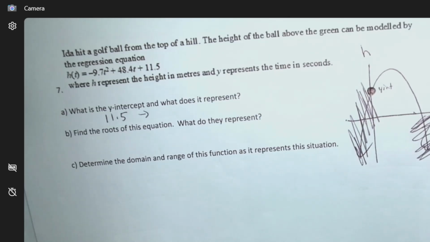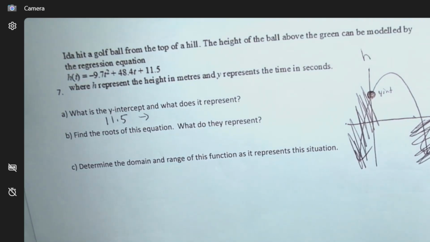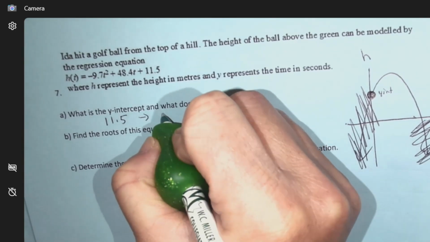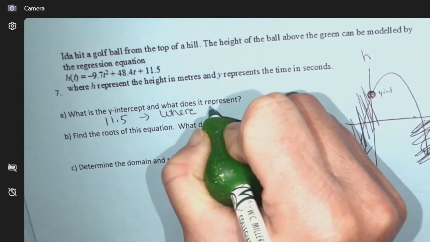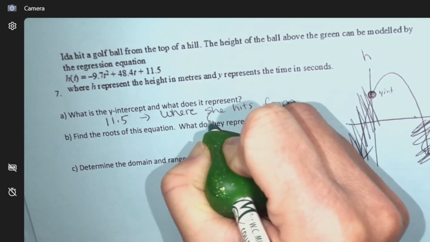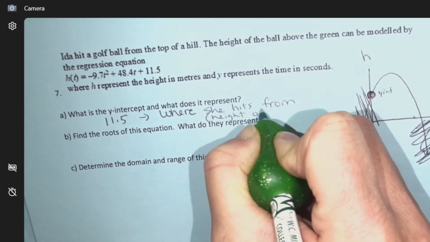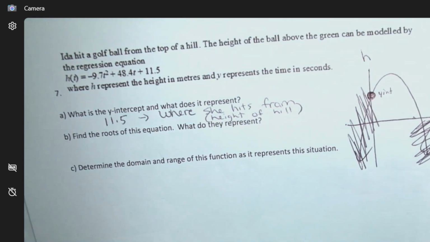So what is this meaning in my golfing? She's hitting a ball off of a hilltop. So what's she doing? Where she's going to hit it from, which is the height of the hill.